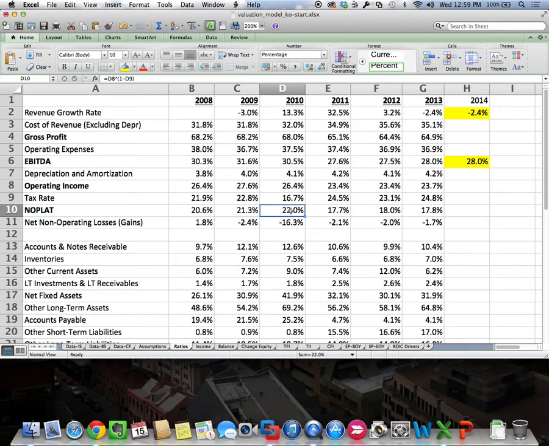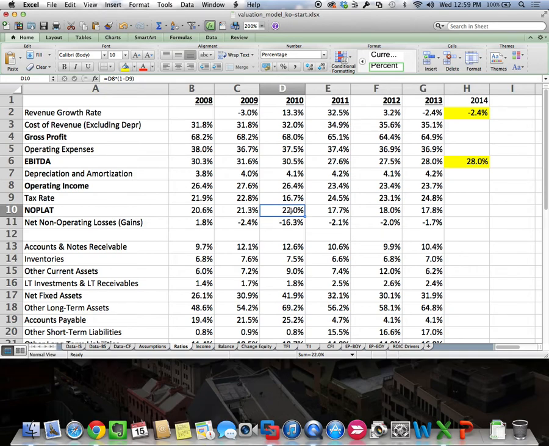Which means in order to forecast EBITDA, we would have to forecast cost of revenue and operating expenses, SG&A, separately to create an EBITDA. It's extra work to get to the same number that we're ultimately going to care about, and it won't affect the model. So I'm just going to skip a step that just adds work and adds no value to your model.